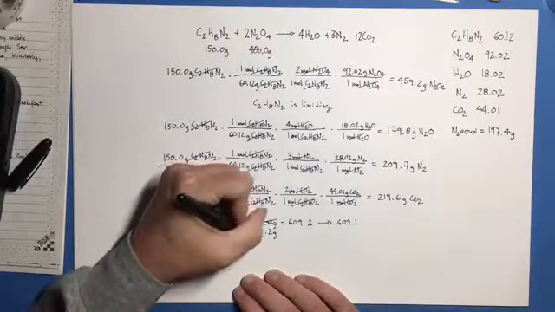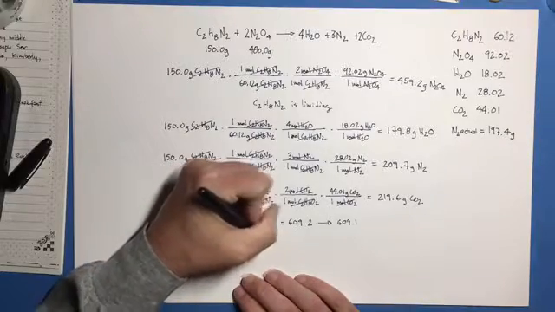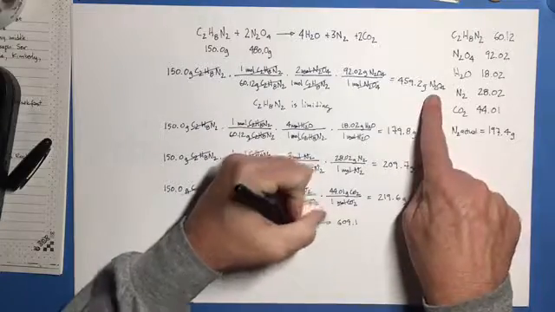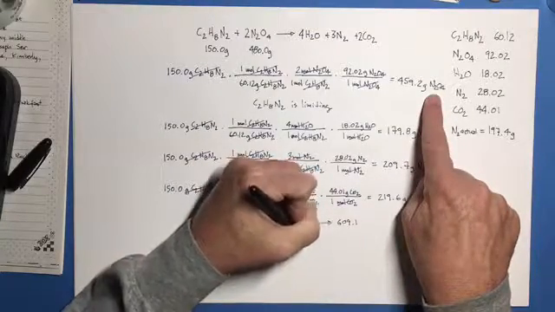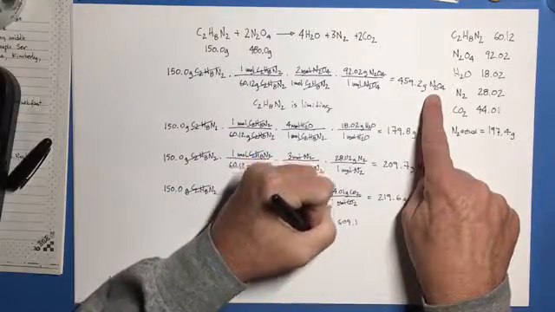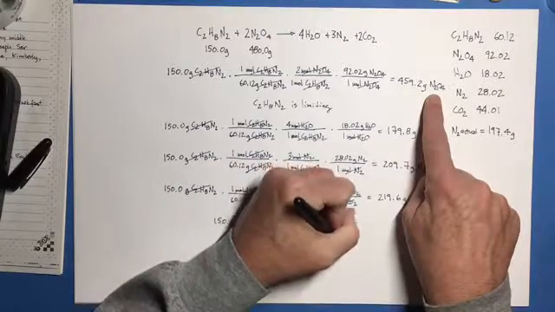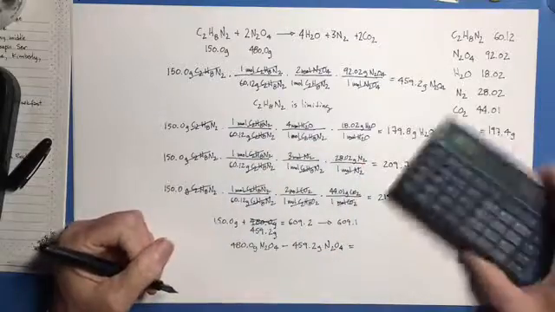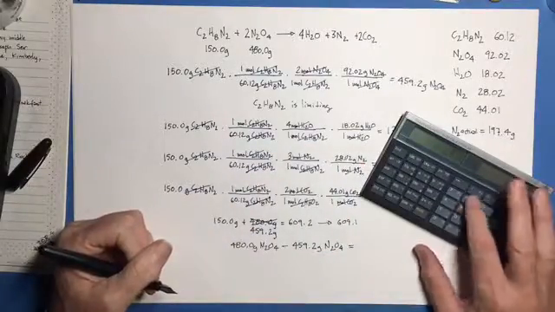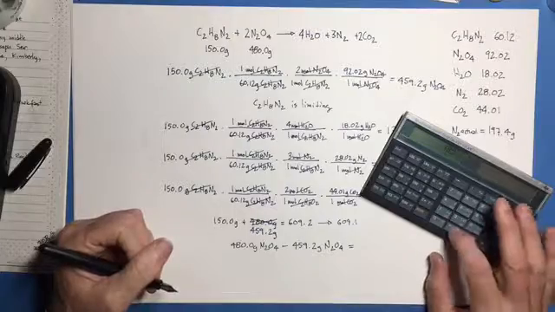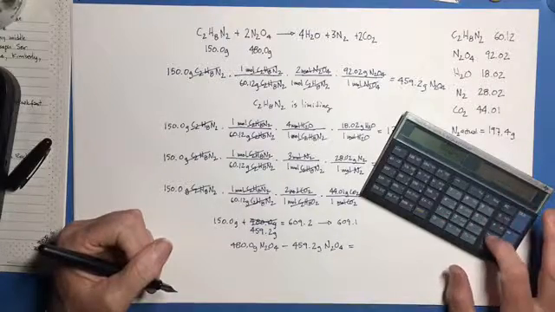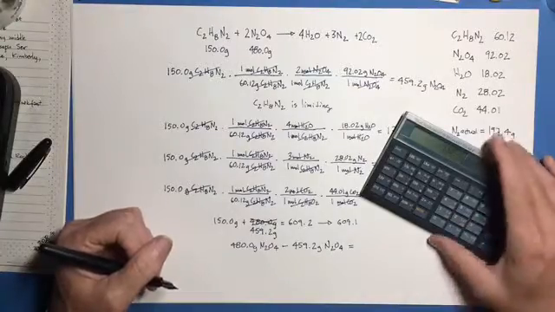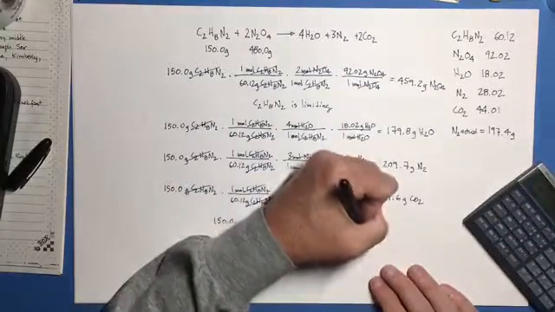So 480.0 grams of N2O4 minus the amount that was actually used up in the reaction, 459.2 grams N2O4 equals, well, let's see here, 480.0 minus 459.2 equals 20.8.